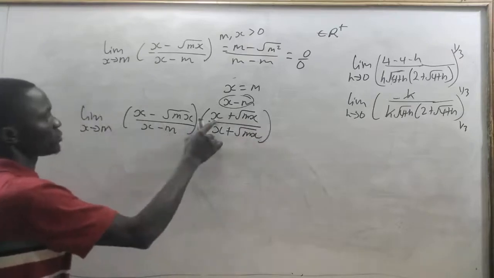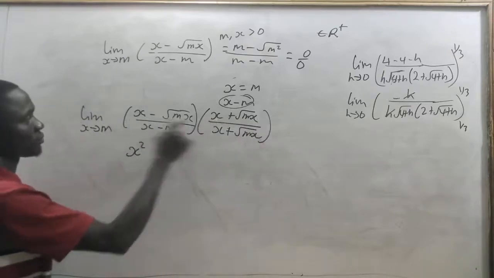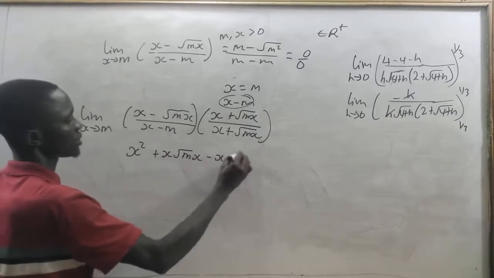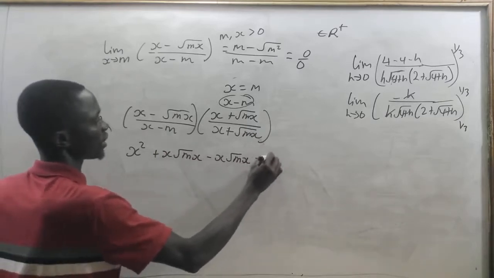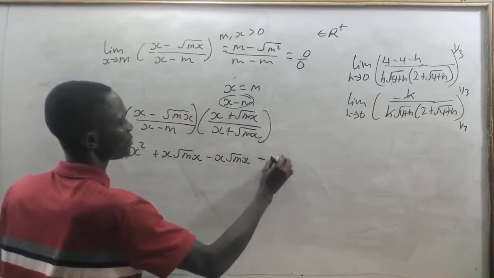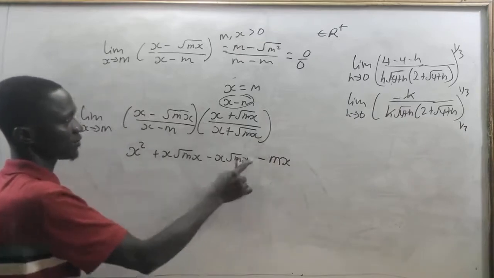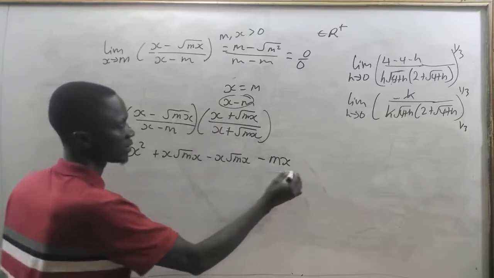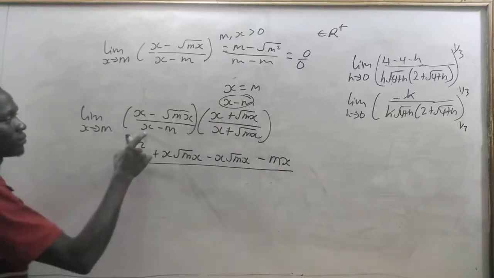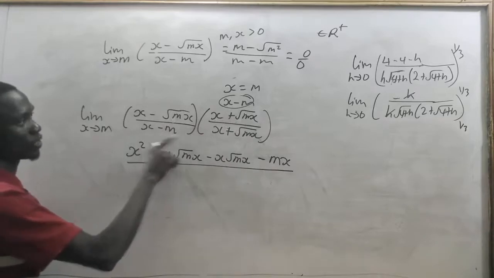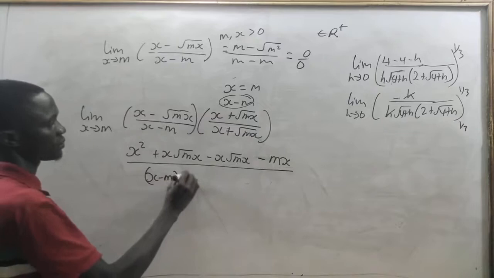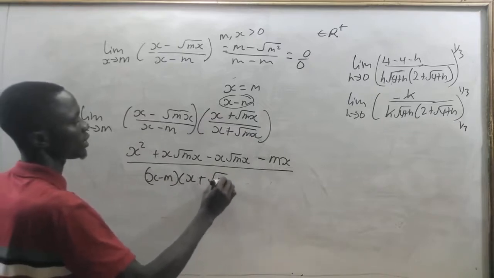So we multiply this by that, we have x squared plus x square root of mx minus x square root of mx minus mx. Negative times positive is negative. The square root of mx times the square root of mx will give us mx. All divided by x minus m, which is a factor, so there's no need expanding. So you put x minus m times x plus the square root of mx.